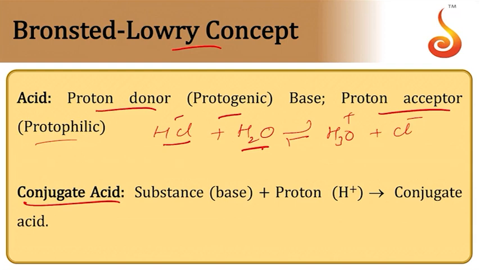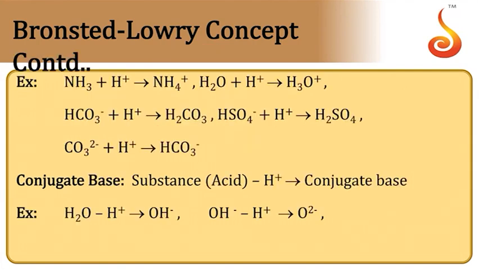Suppose you take a substance and add a proton, you get the corresponding acid. If you remove a proton, you get the corresponding base. Let us see examples. Ammonia plus H+ gives the ammonium ion. Ammonia is the base, and adding a proton gives the ammonium ion, the corresponding conjugate acid.